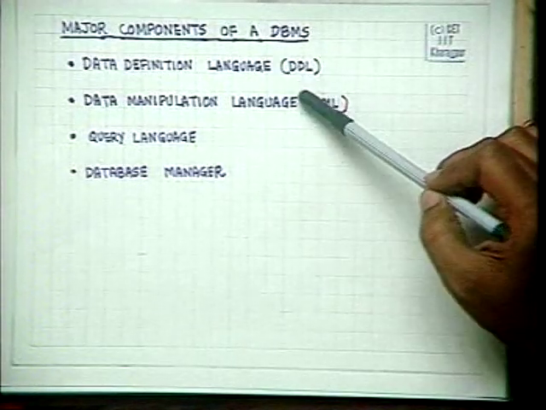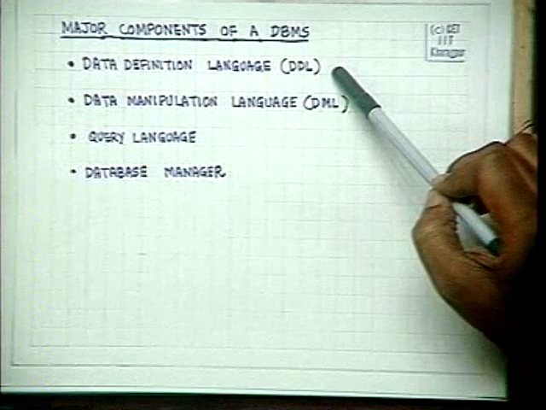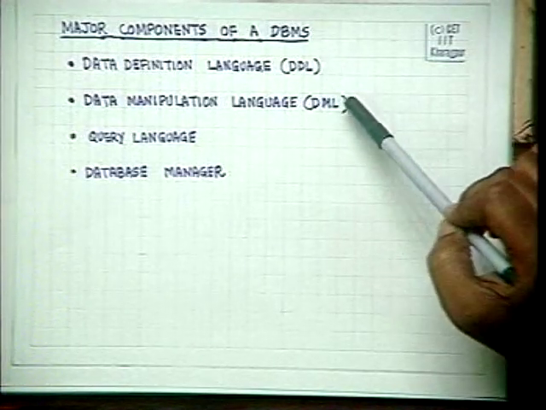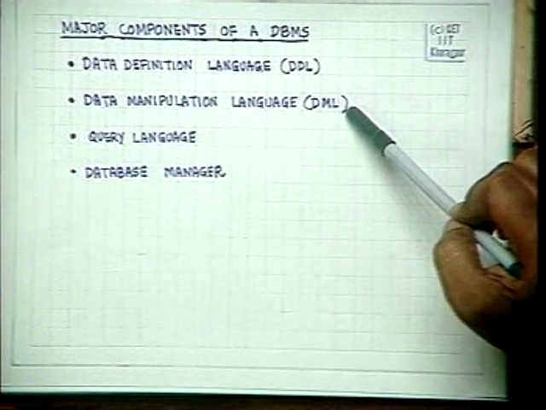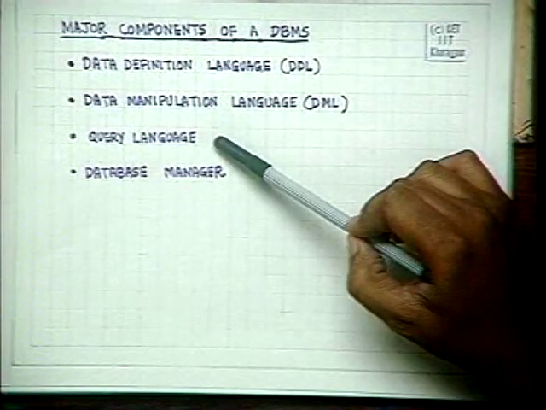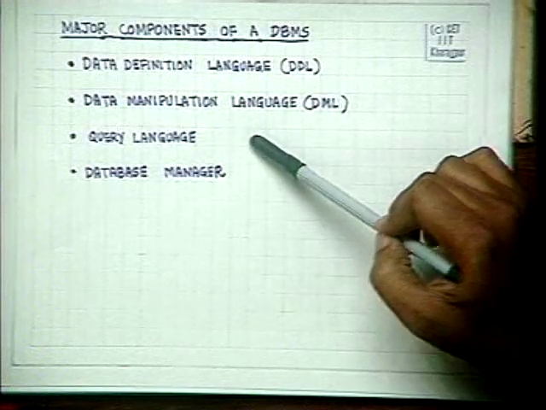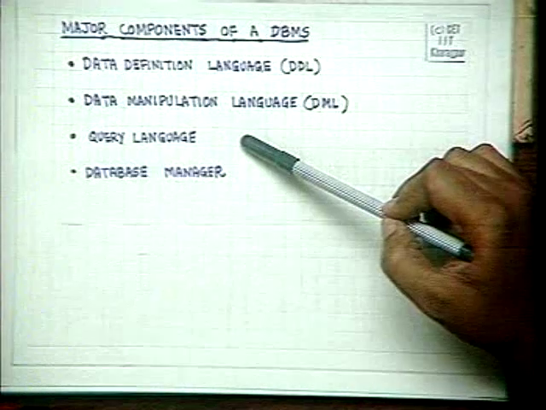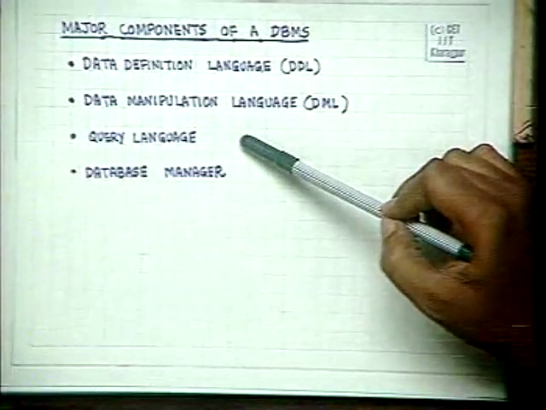And other than these, for a data definition language, a database management system must have a DDL compiler. For a data manipulation language, it must have another compiler. A query language is also a language, so it must have a processor, because here it is not compiled into object code, but it is directly processed and the database is accessed.